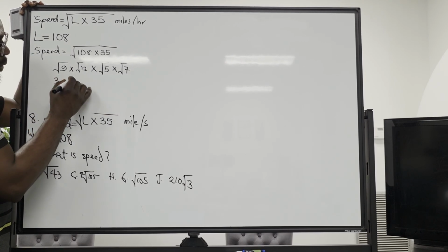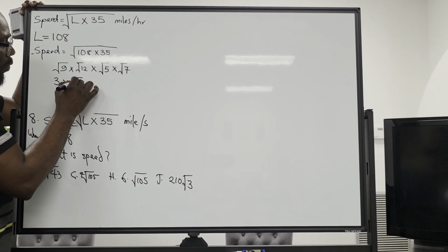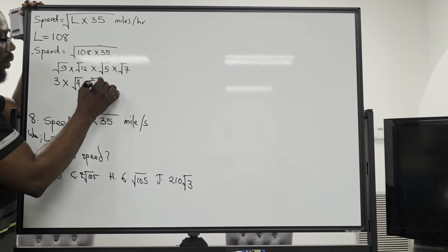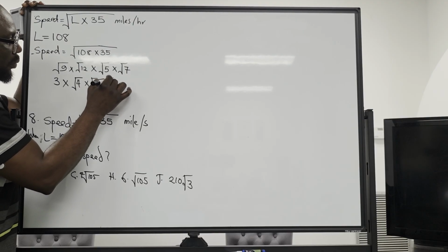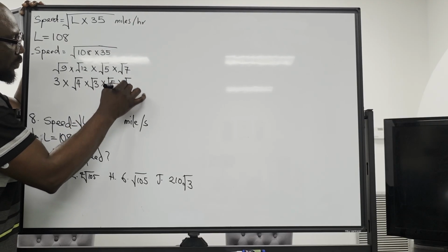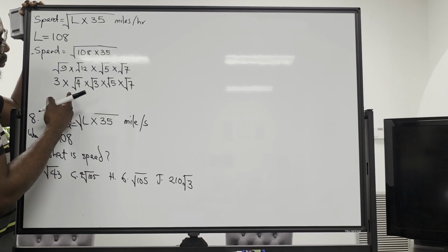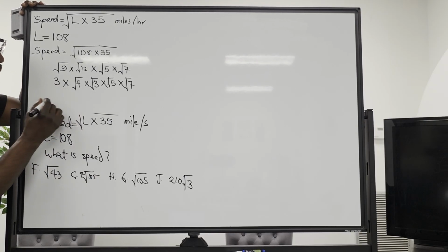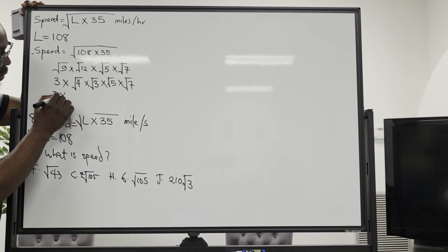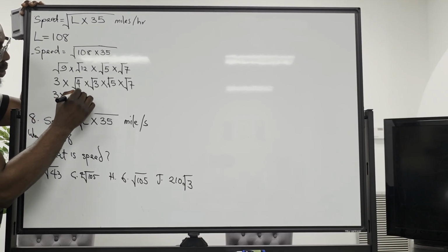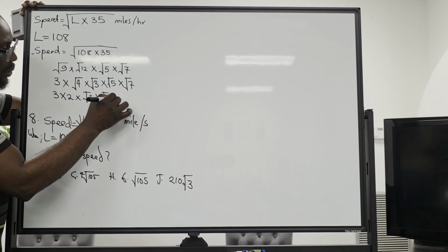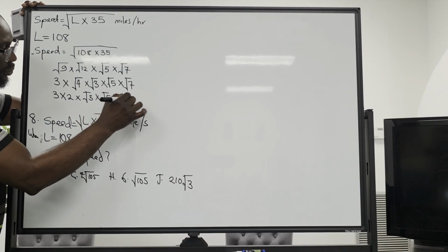Let's break this down further. 12 is the same thing as square root of 4 times square root of 3, times square root of 5 times square root of 7. The square root of 4 is 2. So you have 3 times 2 times square root of 3 times square root of 5 times square root of 7, right?